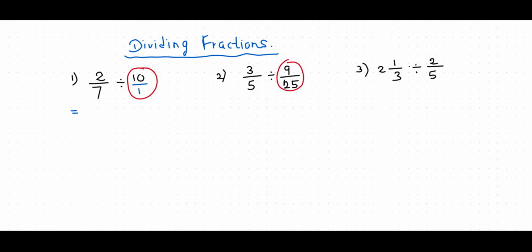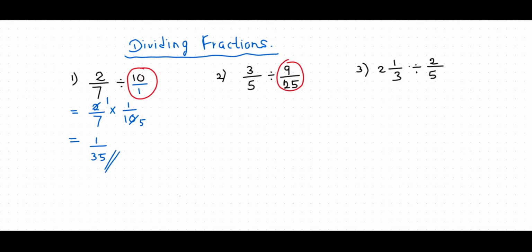Then change this division symbol to multiplication symbol. 10 over 1, reciprocal is 1 over 10. Now it's a normal multiplication. We can cancel off the common factors, then multiply together. Numerators, 1 into 1 is 1. Denominator, 7 times 5 is 35. It's a proper fraction and in the simplest form, 1 over 35.